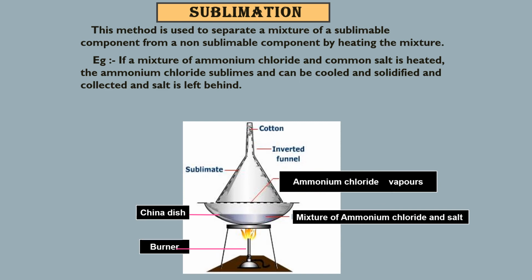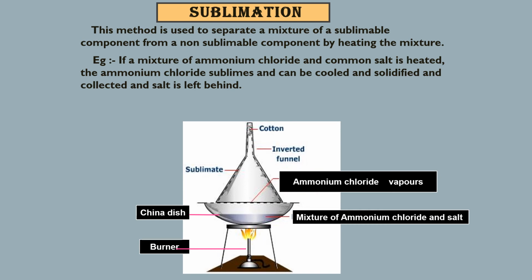We have already studied the concept in our previous lesson, and we have examples of ammonium chloride, camphor, and naphthalene, which are sublimable. In this method of separation, we are going to separate a mixture of a sublimable compound which is mixed with a non-sublimable compound. So the technique of sublimation will be used.